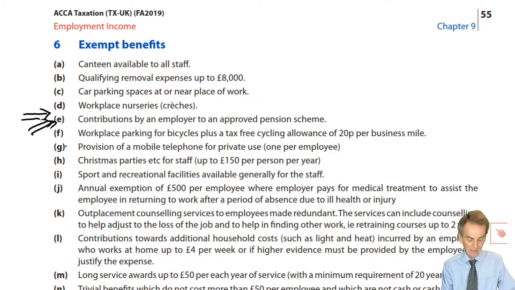Now, other than that, the first lecture, Finance Act 17, it's exactly what you need to know now for Finance Act of 19.